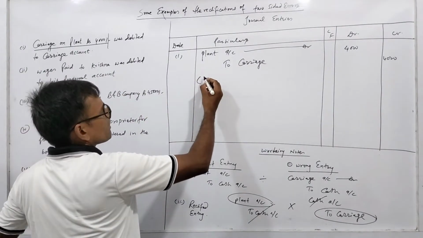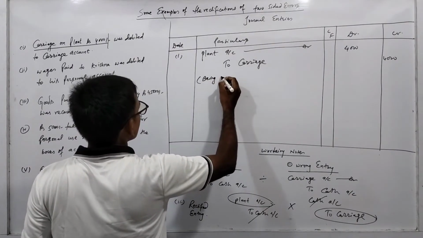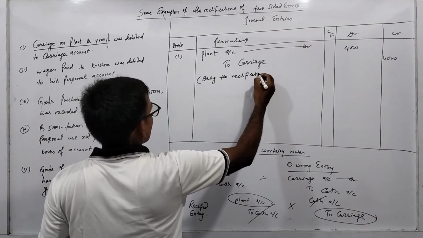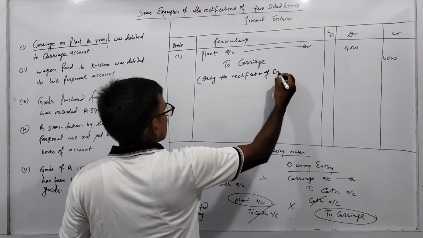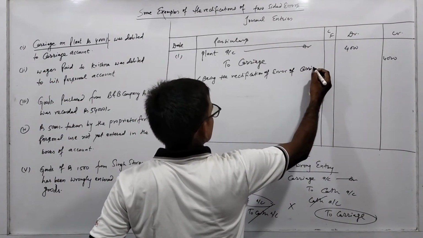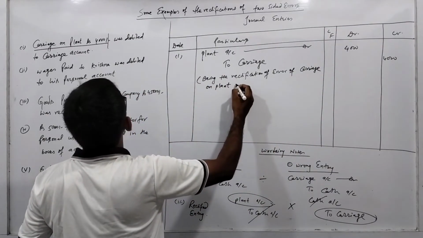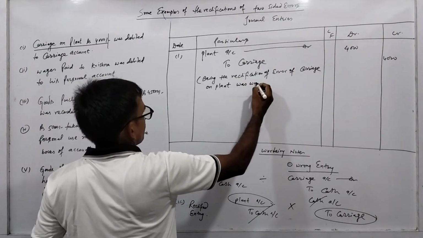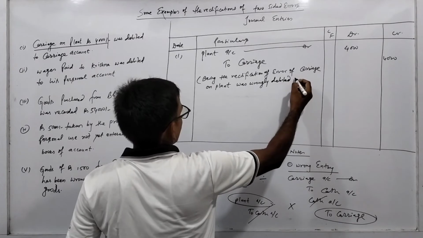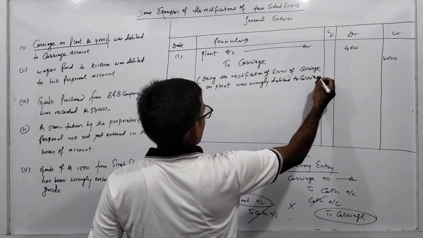And in the narration you can write, being the rectification of error of carriage on plant was wrongly debited to carriage account.